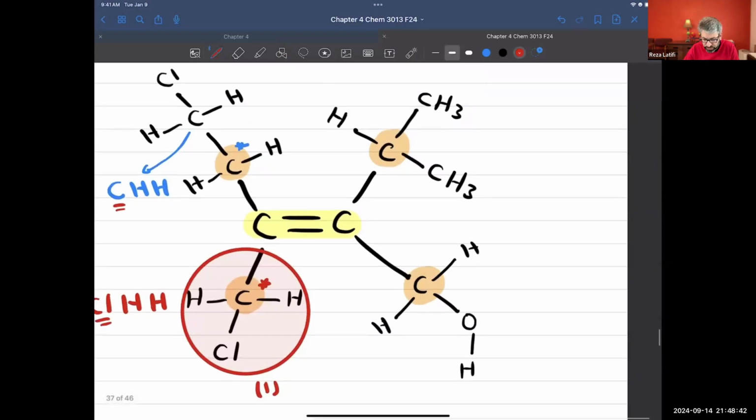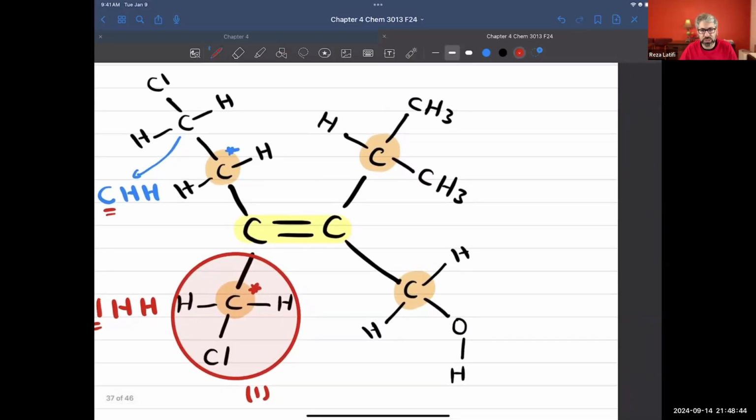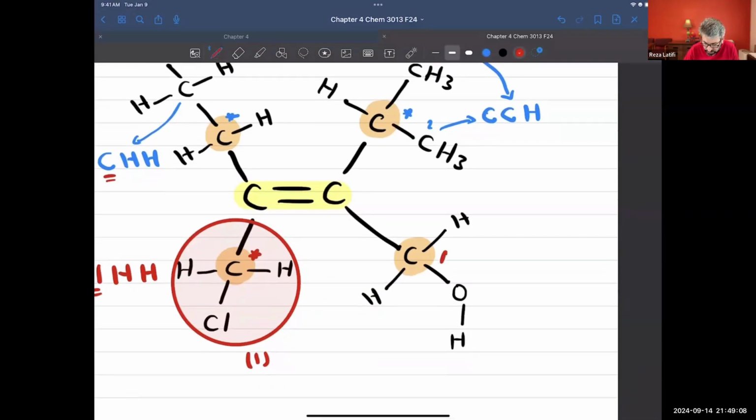Now let's focus on the other side. On the other side we have this carbon. That carbon is attached to 2 carbons and hydrogen. So it will be C, C, H. How about this carbon? That carbon is attached to oxygen, hydrogen, and hydrogen.